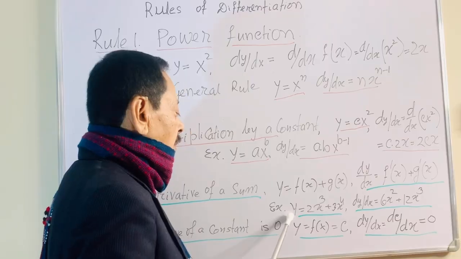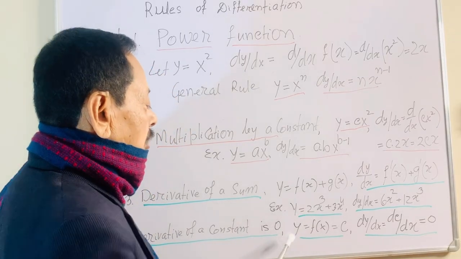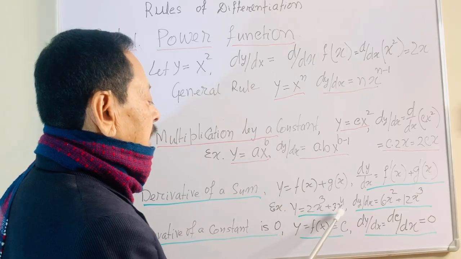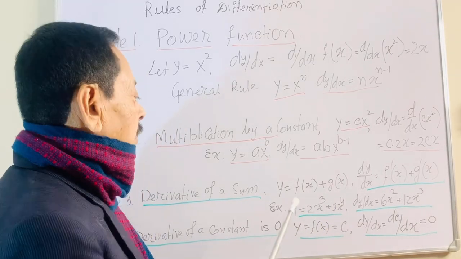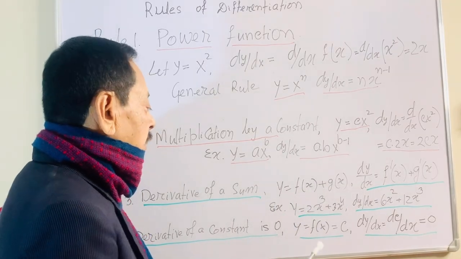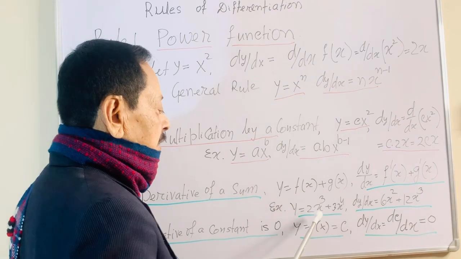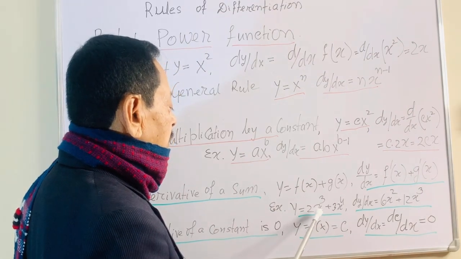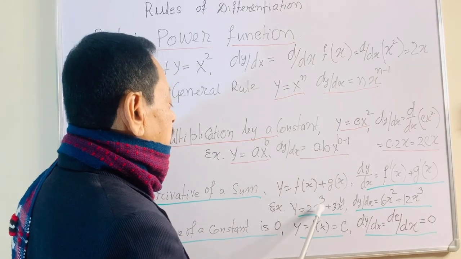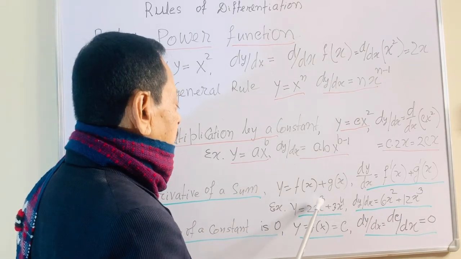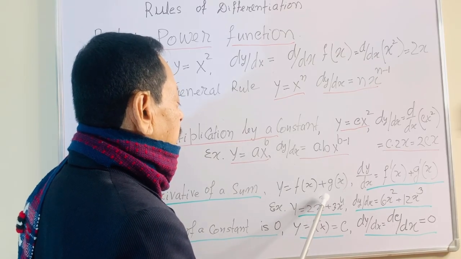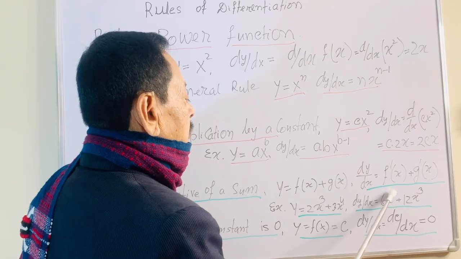Example, y is a function of x, and the form is 2x cubed plus 3x to the power 4. So it is in the form of f(x) plus g(x). So dy by dx is the derivative term by term. So dy by dx is equal to 6x squared, so 2 into the power 3, then variable power minus 1, so 6x squared.